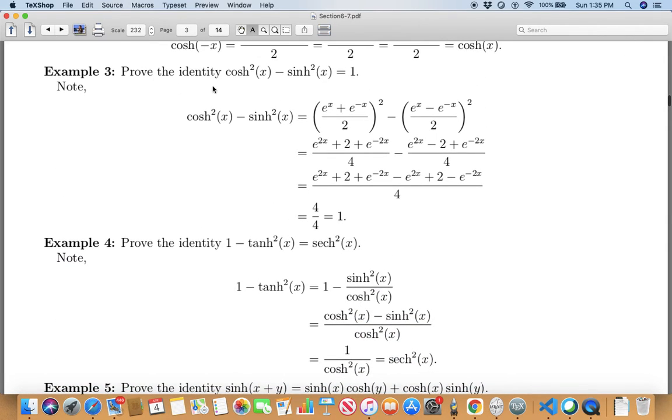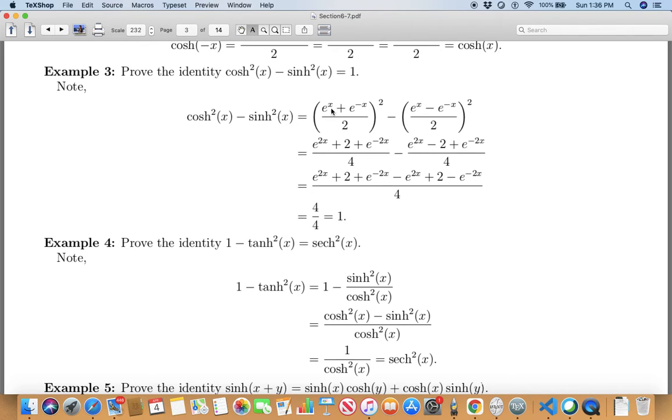Next identity. Prove the identity cosine hyperbolic squared x minus sine hyperbolic squared x is 1. So what is cosine hyperbolic squared? It is e raised to x plus e raised to negative x, divided by 2, all squared. Likewise, sine hyperbolic x squared is e raised to x minus e raised to negative x, divided by 2, all squared. The difference is a difference of squares, and all we are going to do is expand the squares. The denominator is 4 in both cases.